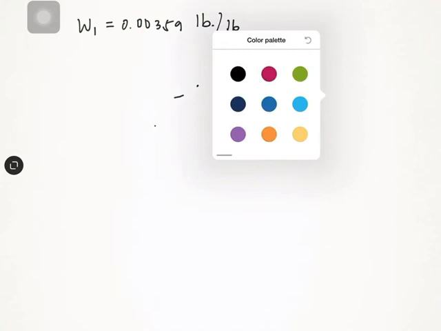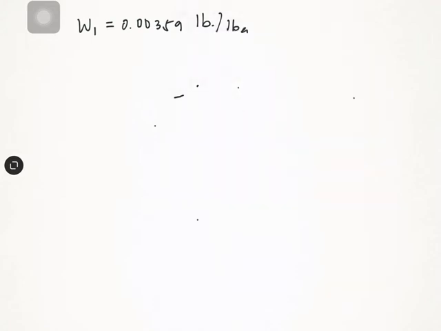We have this H1, 13.47 BTU per pound air, and we have specific volume 1, this is 12.66 cubic feet per pound air.